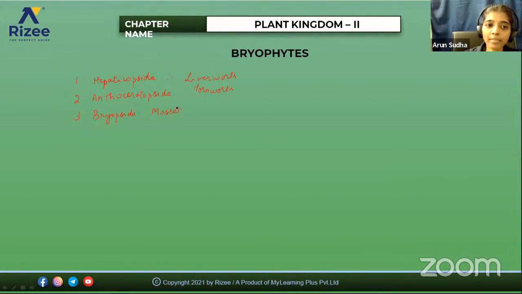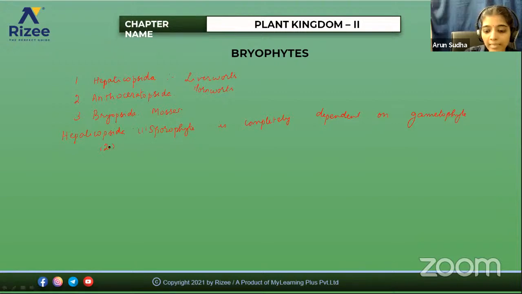For example, take the Hepaticopsida, or liverworts. The main features are that the sporophyte is completely dependent on the gametophyte. This is one of the factors that differentiates the classes.